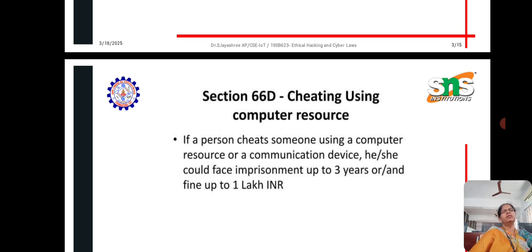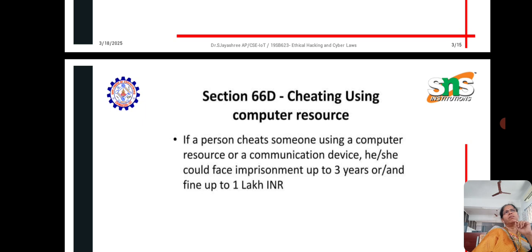Then what is section 66D? Section 66D is cheating using a computer resource. There are various ways of cheating a person. If a person uses a computer, gadget, laptop, or any computer related device in cyberspace to cheat a person, then that comes under section 66D.